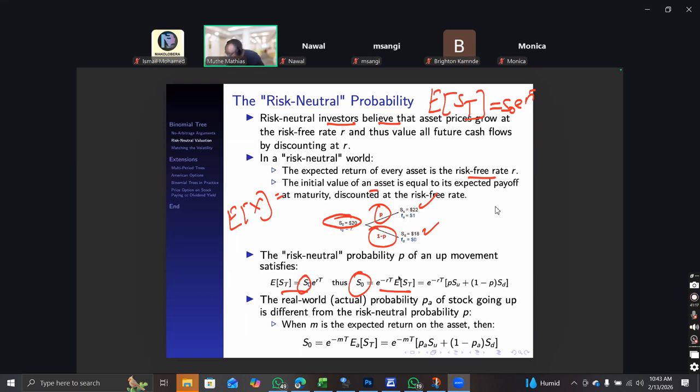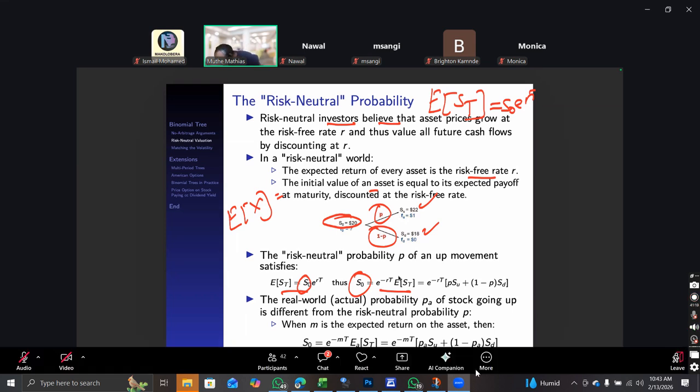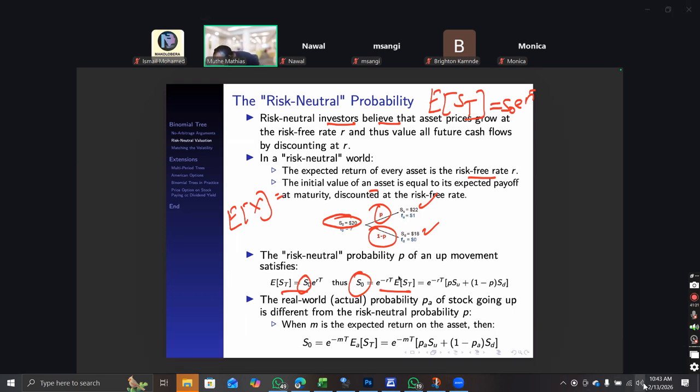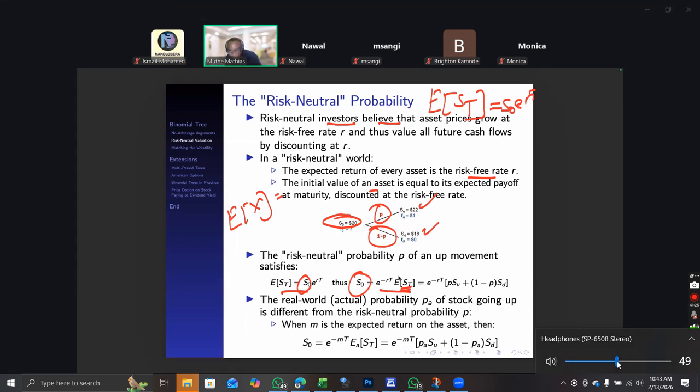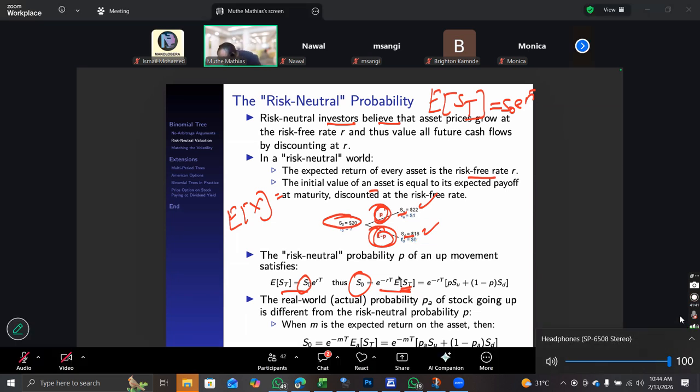What will happen here is that I know what the expected value of ST is, because if I have the probability, this is like the mean. If I have P, then to get the expected value of ST, I have to take P multiplied by this plus 1 minus P multiplied by this one here. So I'm weighting this with the probability because I know the probabilities. You can see that this will give us this part here.